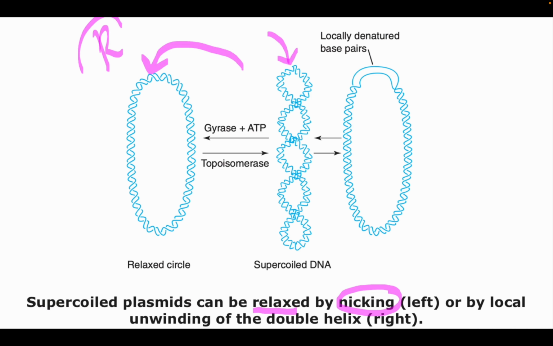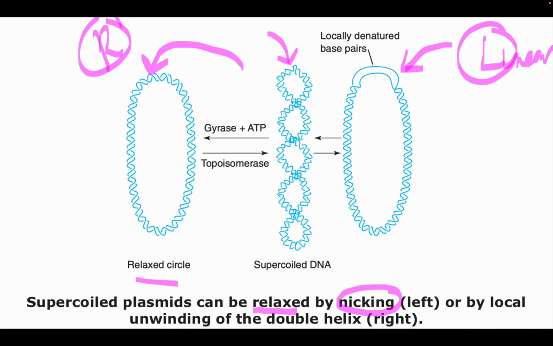So this is the relaxed form. If you break two strands, it will result in the linear form. Again, if you nick only one strand of the plasmid duplex, it will be a relaxed circle. But if both strands are broken, it will lead to a linear plasmid.